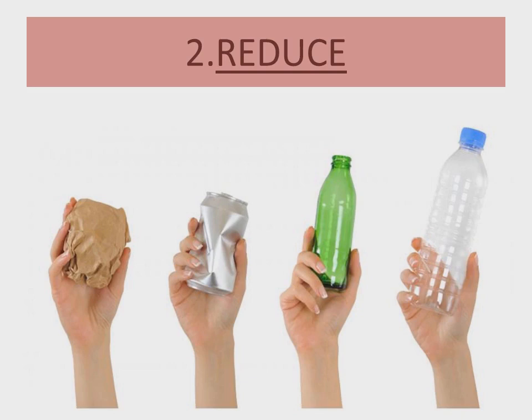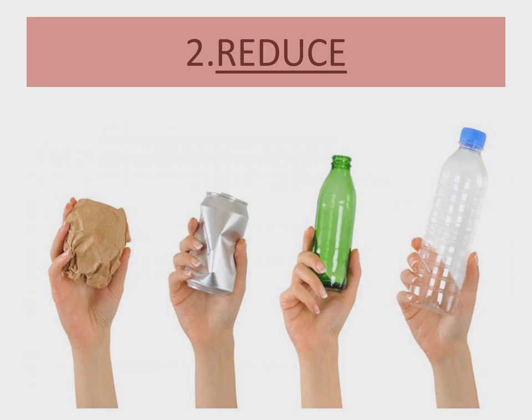Now number 2 is reduce. Reduce means less use. Something we should use less. You can see on your screen there are the pictures of plastic bottles, glass bottles, Pepsi cans. So we should use these types of things less. If we use the plastic materials less, like these things, we can keep our area clean.